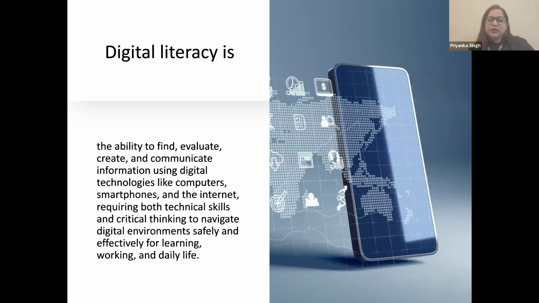So it is also our duty as an educator to find out the correct information for our students, because only then can we prepare them for the 21st century skills. So, if we are doing that, that means we are digitally literate. We can extract the information properly, right?